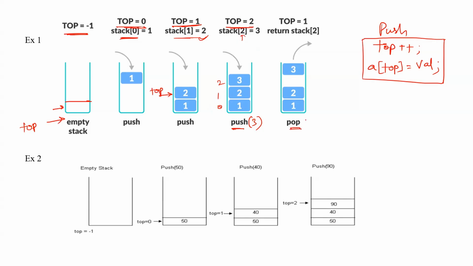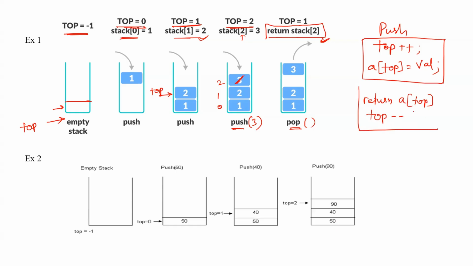Here, we are performing the pop operation, which means we are going to delete the 3. Obviously, the value to be deleted is 3 here. So what will I do? I will return the value first. The first thing I will do is return the value, meaning I'm going to print the value that I'm going to delete. Then I will decrease the value of top.